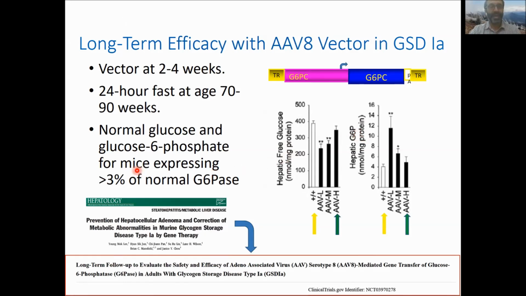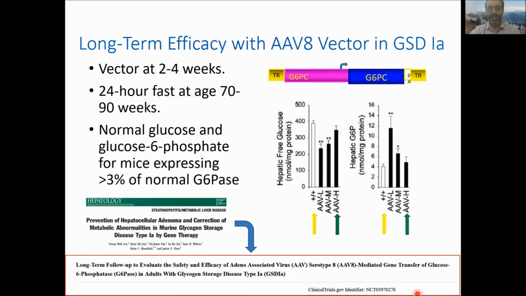And this is with as little as 3% of the normal level of G6Pase. And they monitored the mice for up to 90 weeks. So this is all very positive, especially considering that the mice were treated early in life, and we'd expect some loss of benefit. And this has led to a clinical trial, now phase 3, sponsored by Ultragenyx.